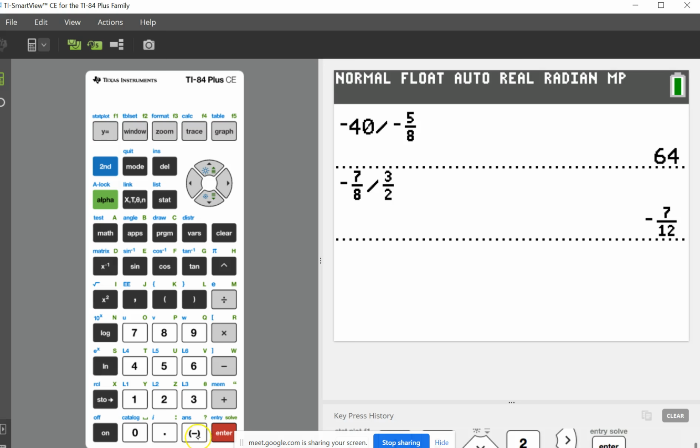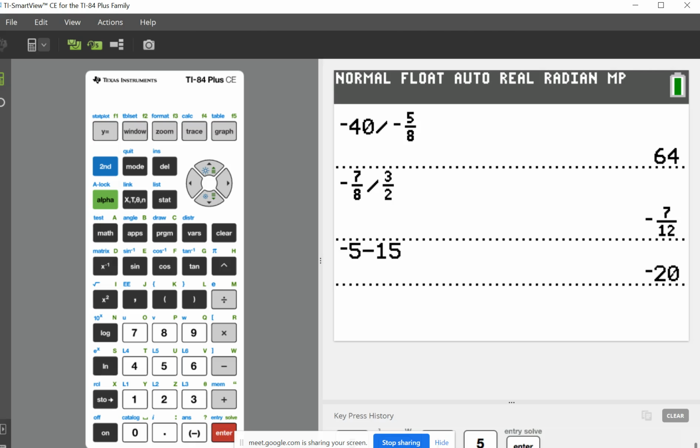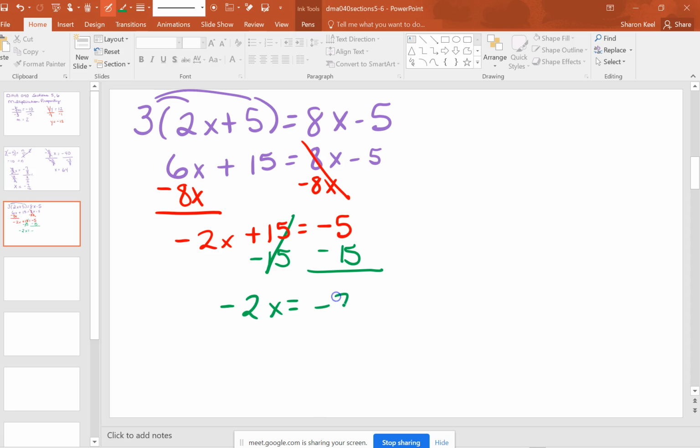You're going to do negative 5 minus 15, which is going to give us a negative 20. So that's negative 20. To get x alone, we're going to divide both sides by the negative 2. And a negative divided by negative gives us a positive 10 for our final solution.